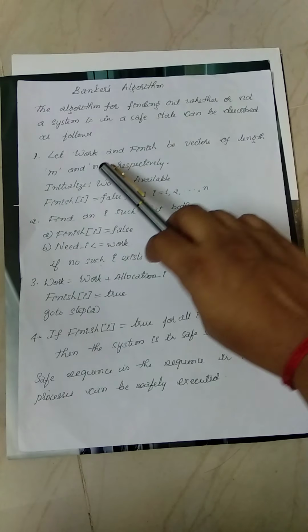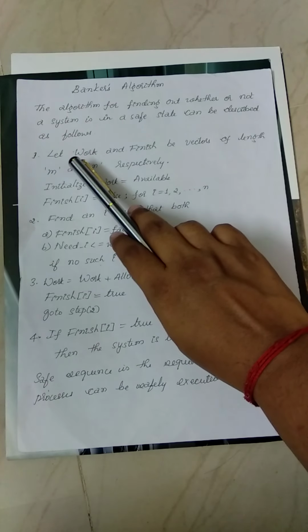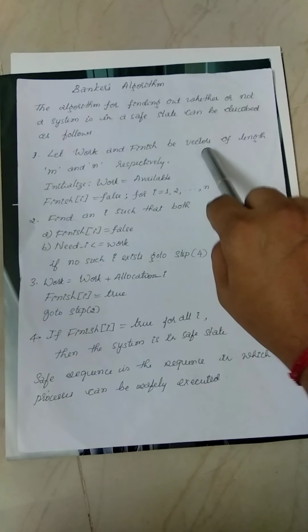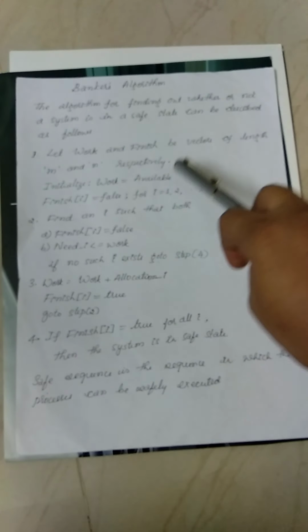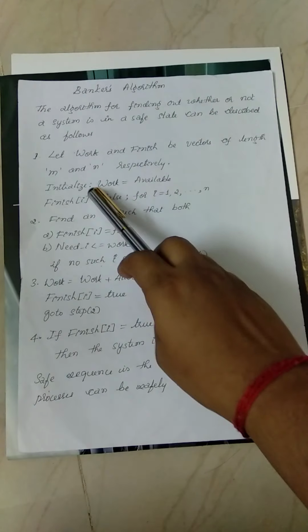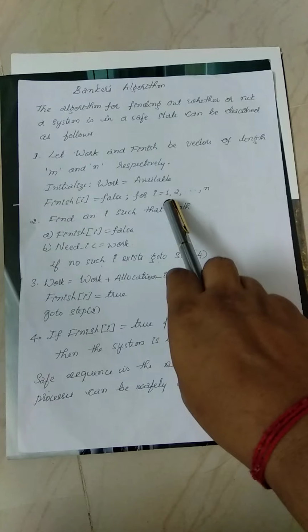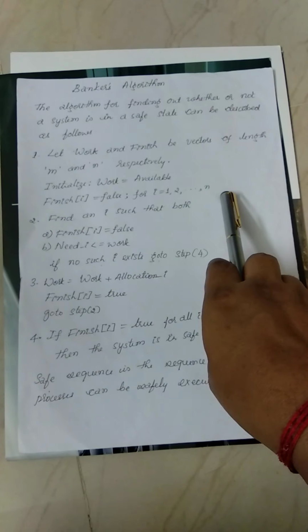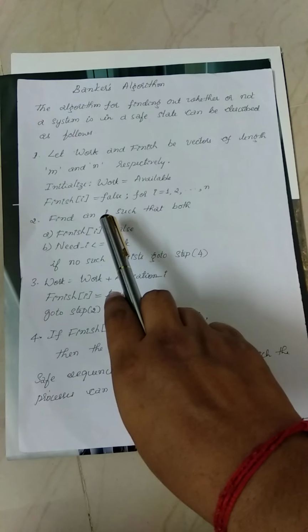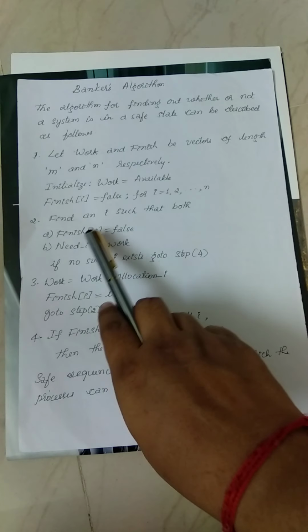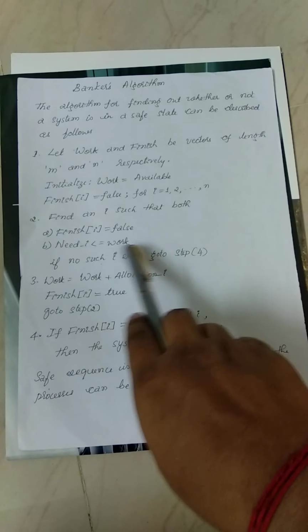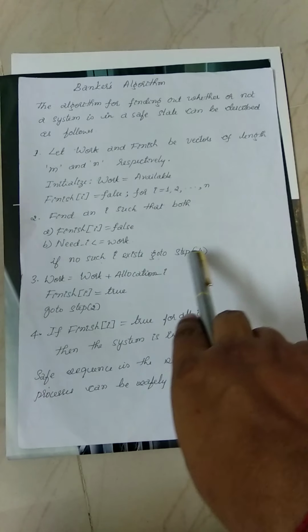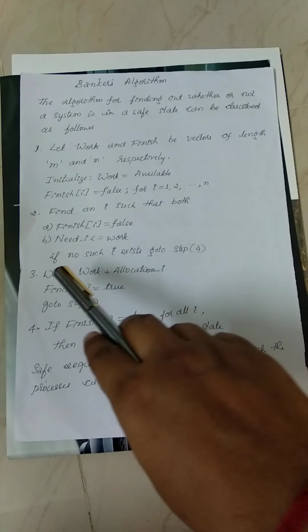The algorithm goes like this: let work and finish be vectors of length m and n respectively. Initialize work is equal to available, and finish of i is equal to false for all i values from 1 to n. The next step is to find an i such that both finish of i is equal to false and need of i is less than or equal to work. If no such i exists, then go to step number 4.